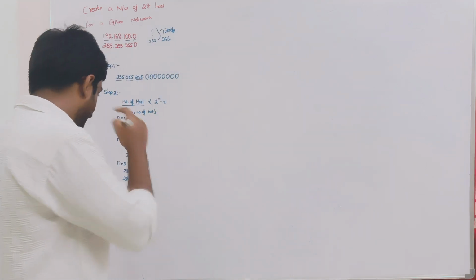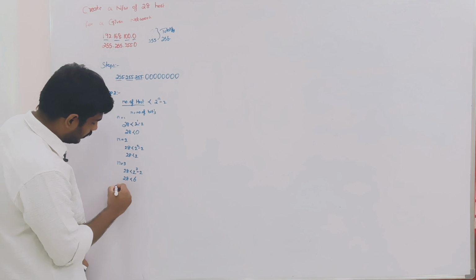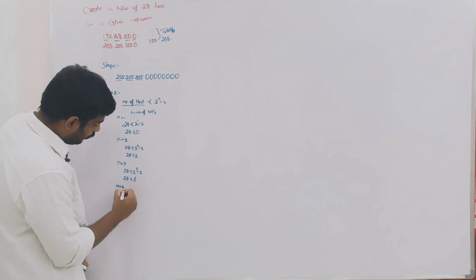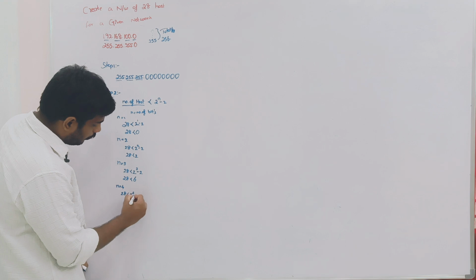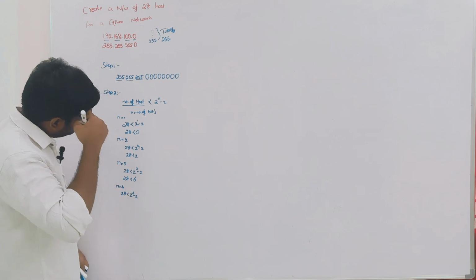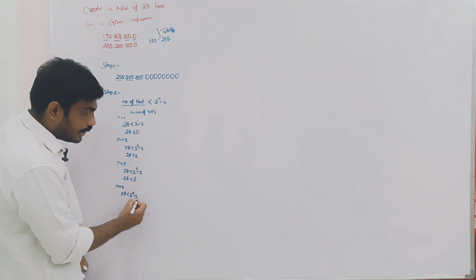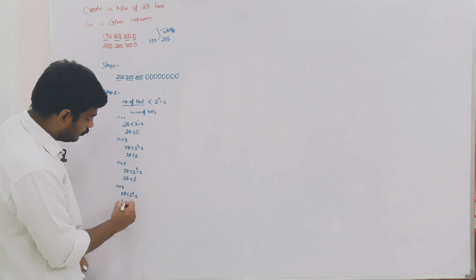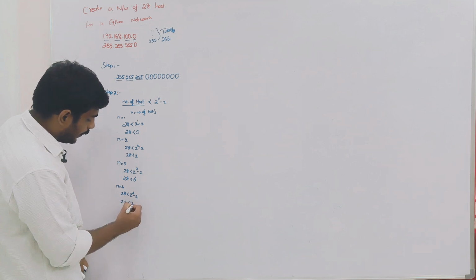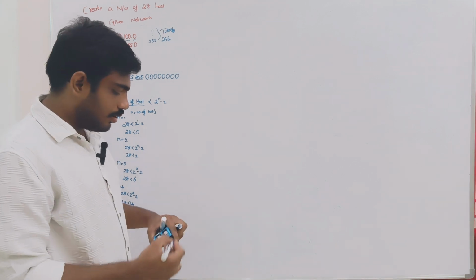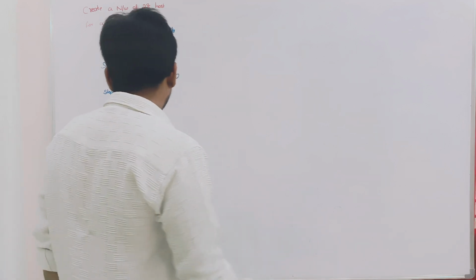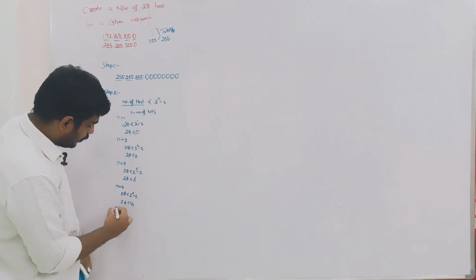Now increase the number of bits. N equal to 4: 2 power 4 is 16, 16 minus 2 is 14. Is 28 less than 14? No, we still do not satisfy the condition. Again increase the number of bits.